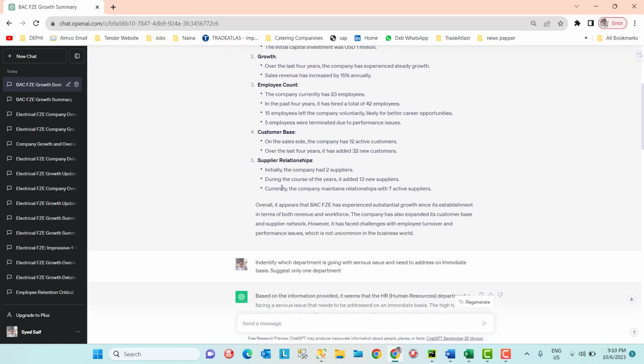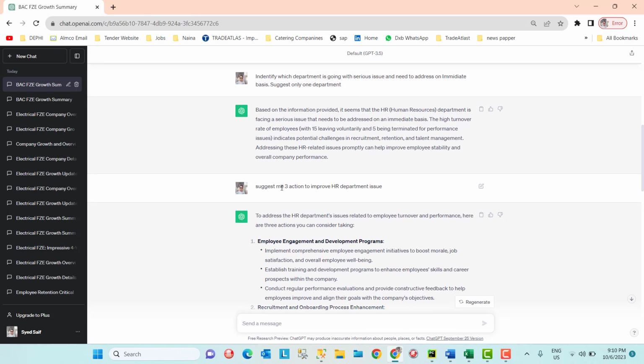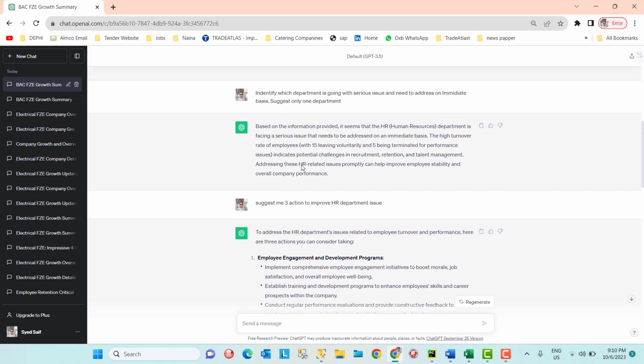Then when I asked a prompt, like, what is the critical issue, it immediately identified human resource, which gives us a very good indication for the future, once we develop business applications where we have our own data and pass that data to ChatGPT to analyze and tell us the problem. And this is a classic example.